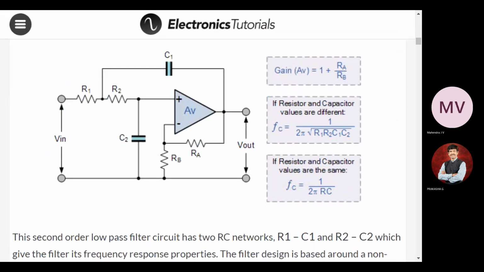Here we have two resistors and two capacitors which are connected to the non-inverting terminal. Are you able to observe that? Whatever is displayed on the screen is a little bit rearranged.